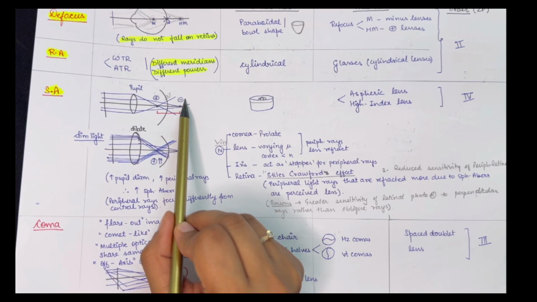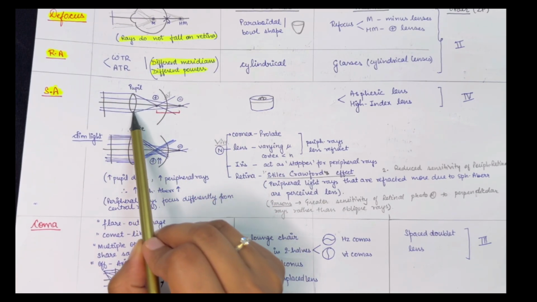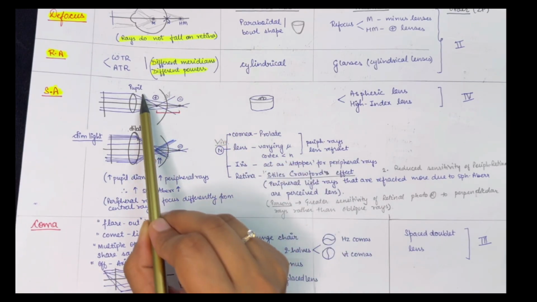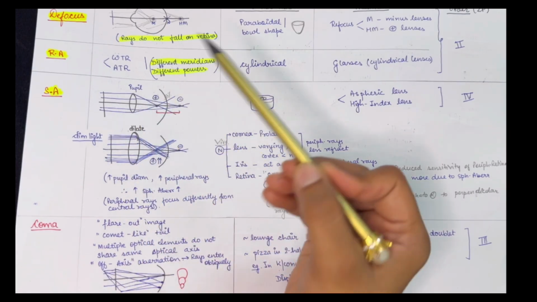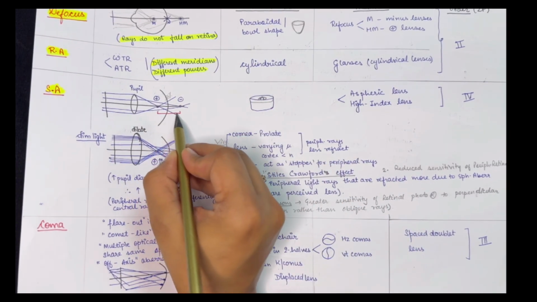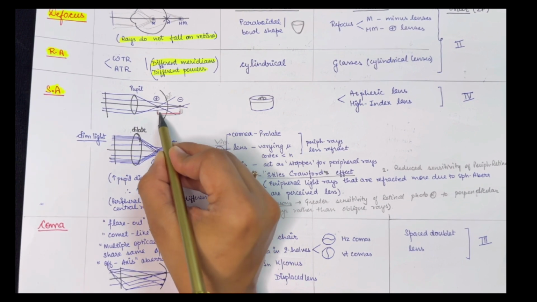This is called negative spherical aberrations. Some rays which are mostly peripheral, they bend more and focus in front of retina. These are positive spherical aberrations. So the image will be blurred. So it will form a blurred image, right?